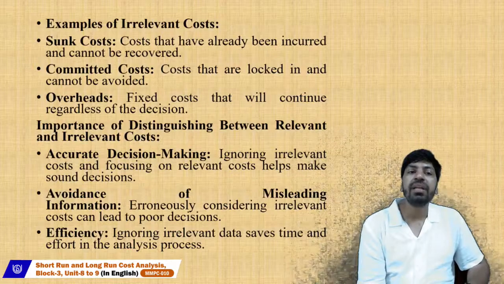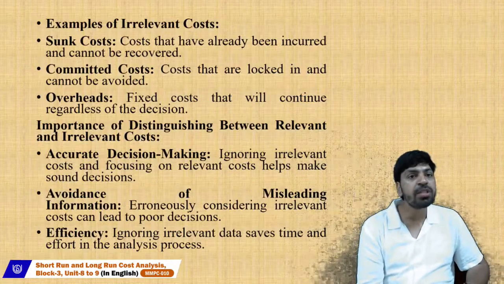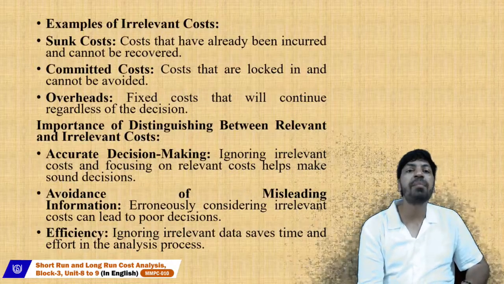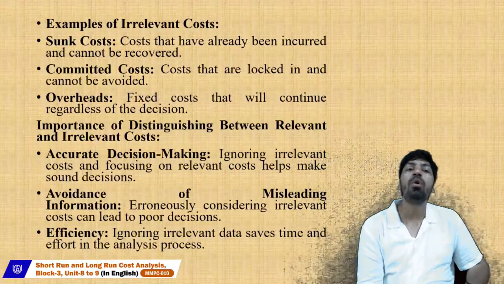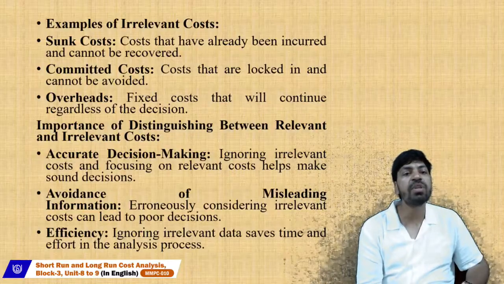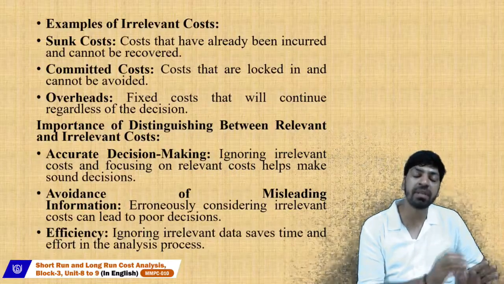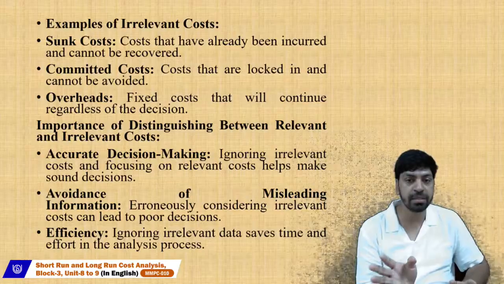Examples of irrelevant costs are sunk costs, which cannot be recovered, committed costs, which are locked in and cannot be avoided, and overheads, which are fixed costs that will continue regardless of any decisions.